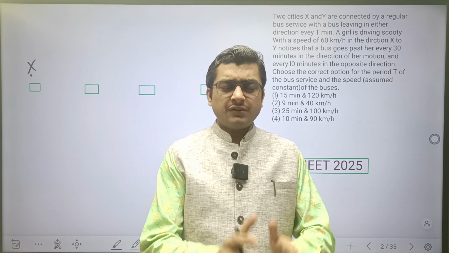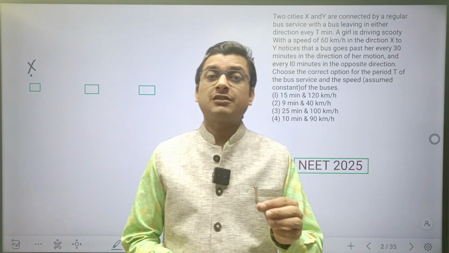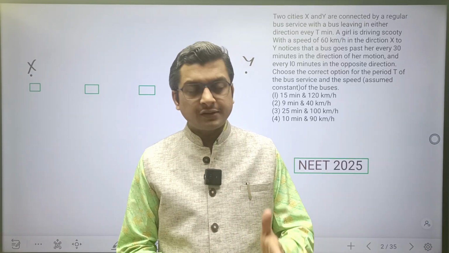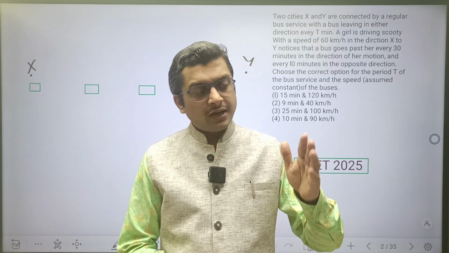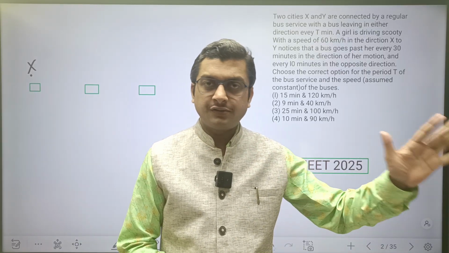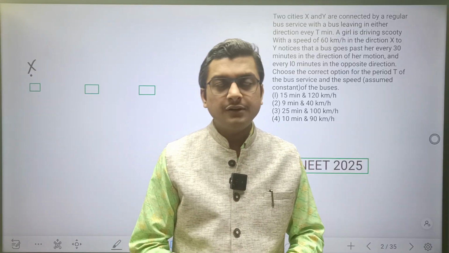It means that if the first bus leaves the city X at time t equal to 0, then after time capital T minutes, the second bus leaves the city X. Then again after time capital T minutes, the third bus leaves the city X. And the same is the case with city Y.